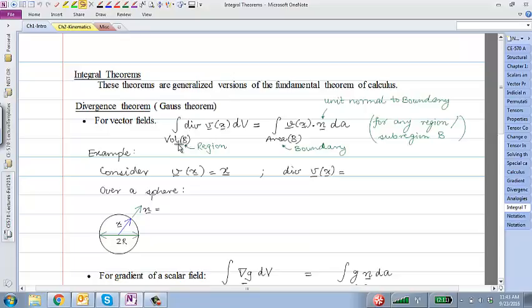It could be any body, right? So for example, in your homework problem, you had a cylindrical body. Just as well, you could have taken a sphere or a cube or a tetrahedron or whatever. Any body you choose, this quantity, divergence of the vector field integrated over the body, will always be equal to V dot n over the surface of the body.